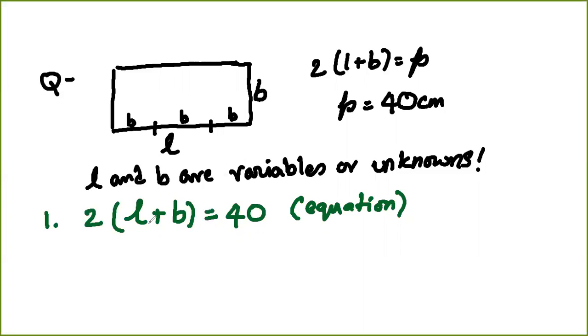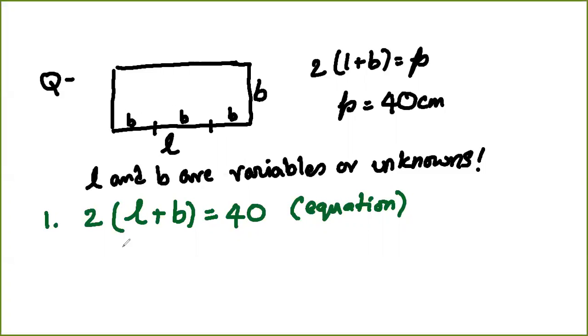It's not always possible; it depends on the information given. But in this case it is possible, because we know a relationship between the length and the breadth: 3 times B, that is B plus B plus B, equals L. So instead of the L, I can convert it into B.